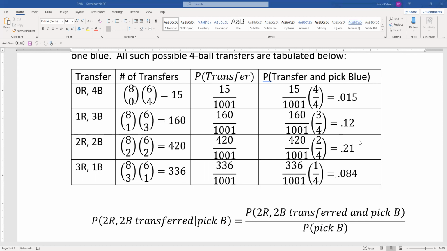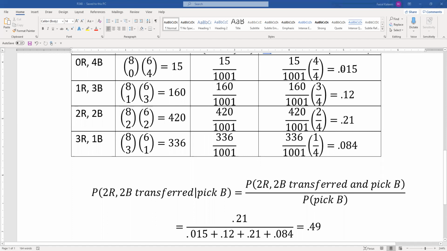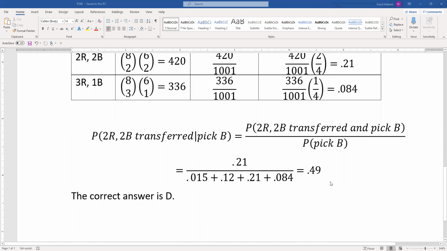Therefore, the probability of picking a blue is the sum of all these, because the blue can be picked in this case, or this case, or this case, or this case after the transfer. So we divide by that sum and we end up getting 0.49. That was choice D.